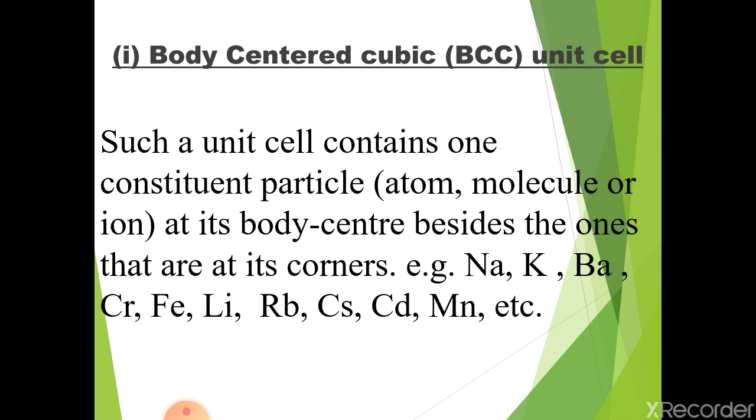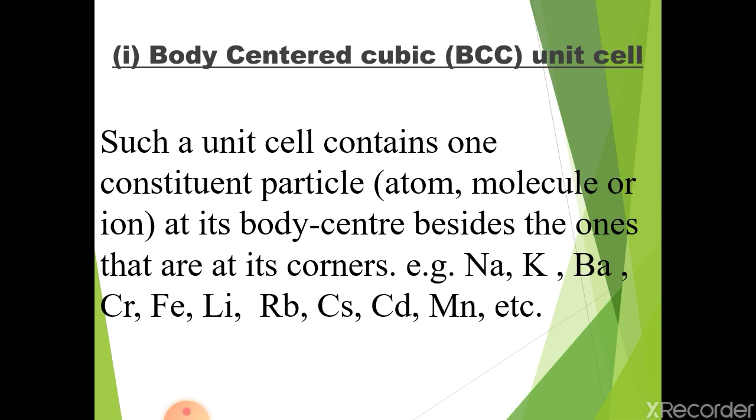That means one atom belongs to the center of the cube besides the corner. It may be defined as such a unit cell contains one constituent particle, that particle may be atom, molecules or ions, at its body center, besides the ones which are at its corner.